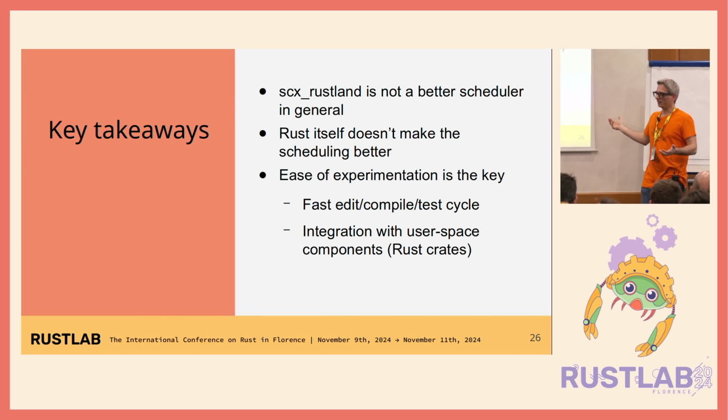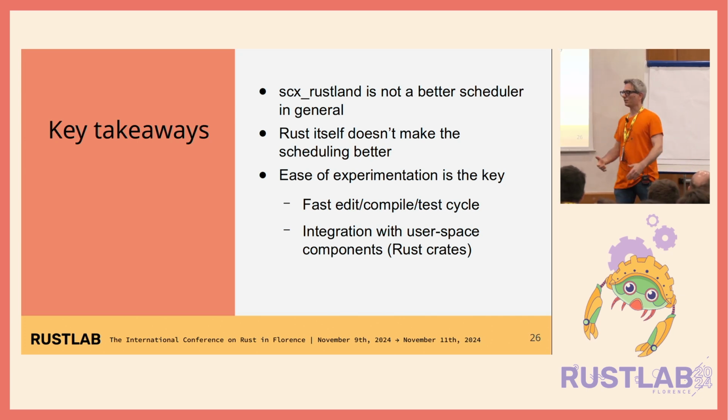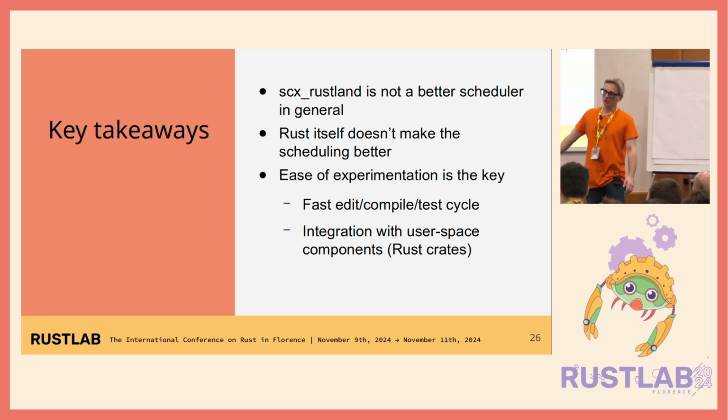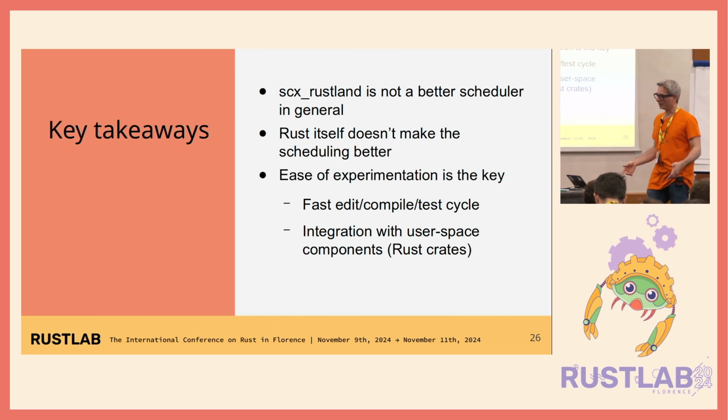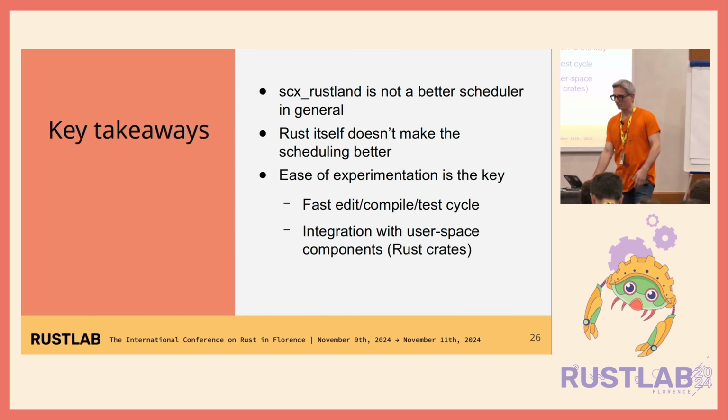And if you have a scheduler in Rust, you have the memory safety and all the advantages that Rust provides. And you are in user space, so you can use crates from crates.io and do all the fancy things, reusing other libraries or somebody else's code. That is something that you usually can't do in the kernel, because you are constrained to C code and the kernel requirements and whatnot.